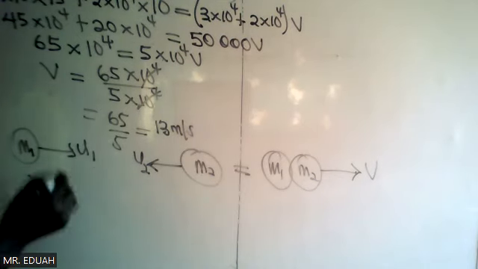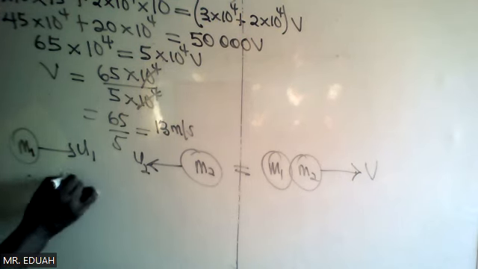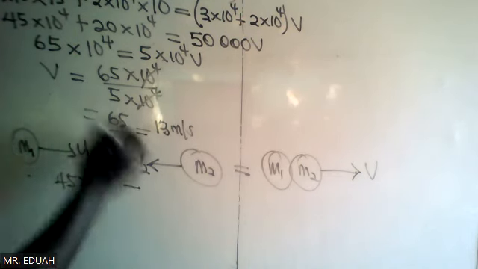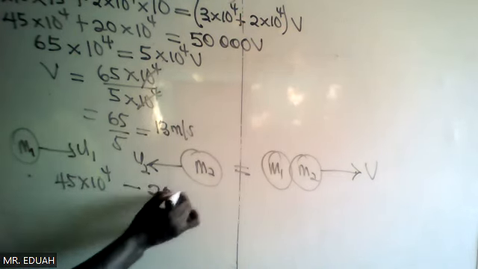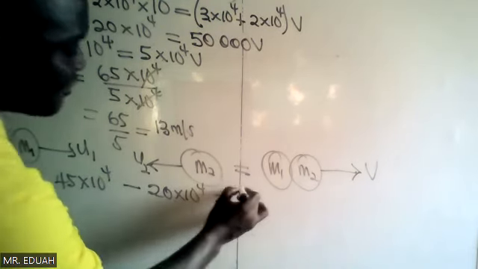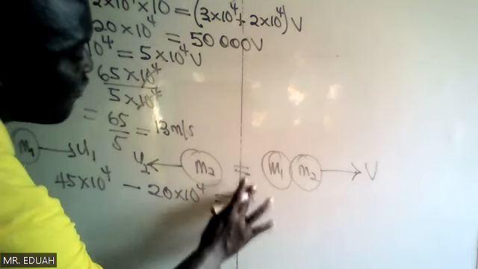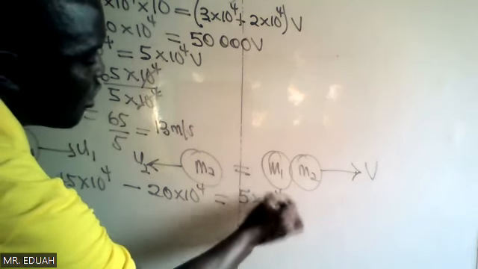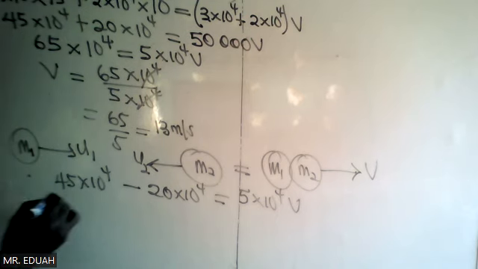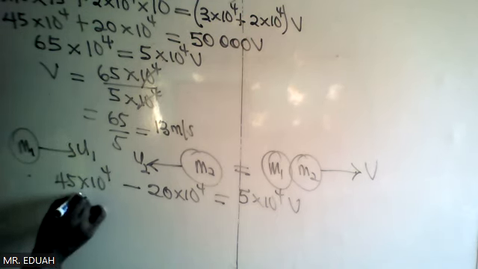So we have 45 times 10 to the power 4 minus 20 times 10 to the power 4 is equal to the same thing, 5 times 10 to the power 4 V. Okay, then when you subtract, 10 to the power 4 is common.